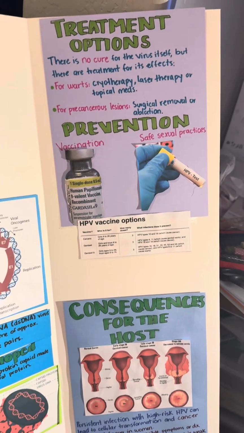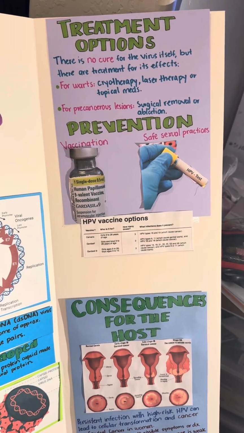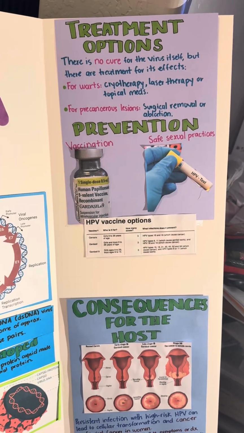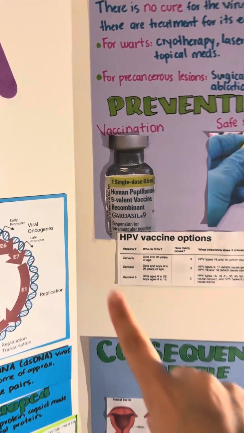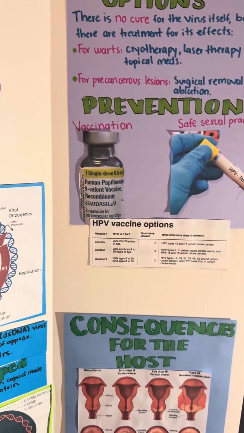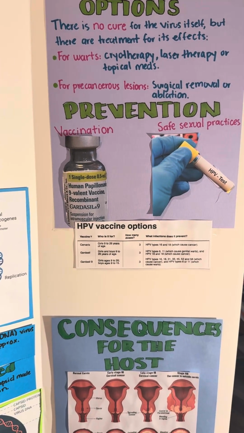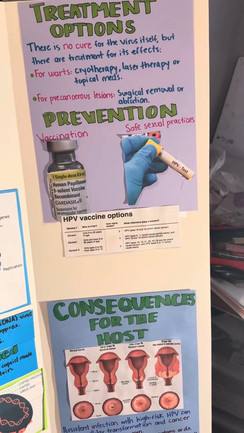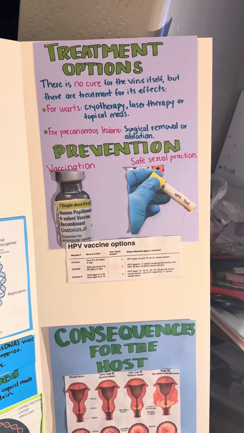As well, something important is the prevention, as I mentioned before. Vaccination is number one. Why? Because there are plenty of options. The most common in the United States is Gardasil 9. We also have two other options, Gardasil by itself and Cervarix, and many of them are recommended to give the first dose before 13 or 15 years old.